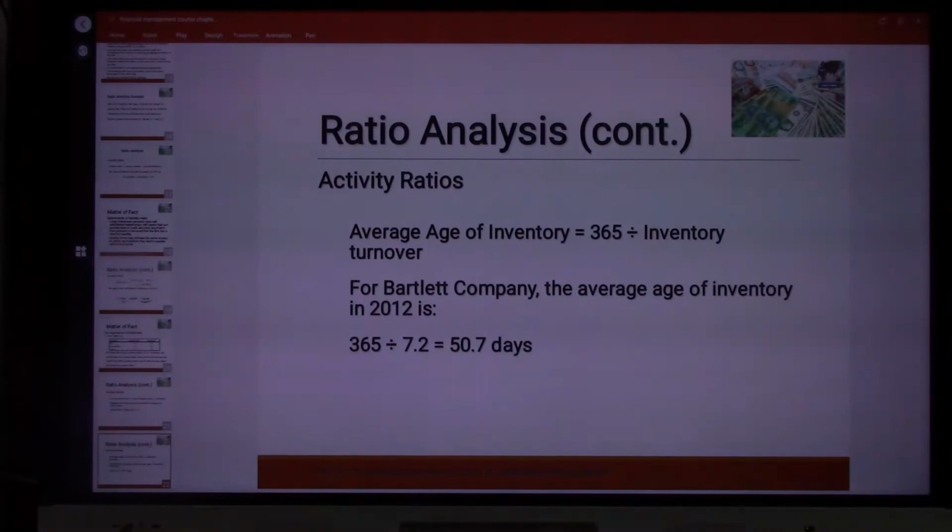In this case, we converted 7.2 to a number of days, which equals 50.7 days. 50.7 days means that this firm is able to get rid of its inventory in about 50.7 days.